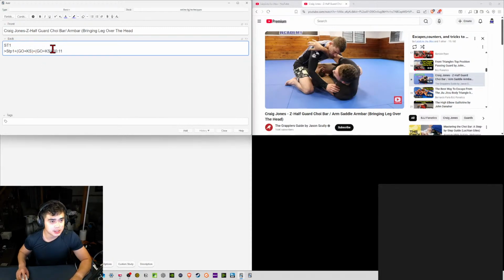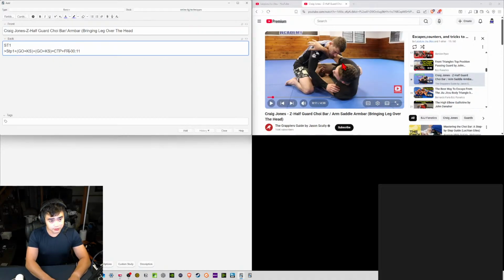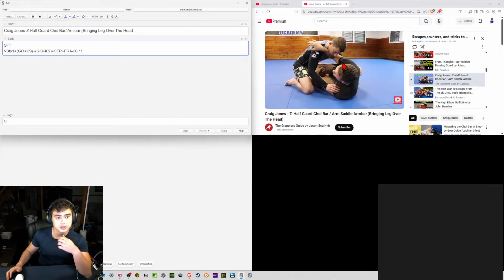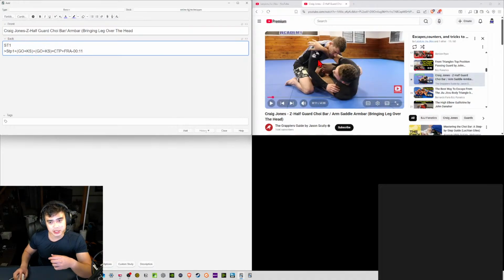And this equals frame. So go over keep safe equals close the position. Right here, closing the position of these two frames together to hold them back, and that is plus frame. This is how I initially described his two legs framing this one leg to push him back.